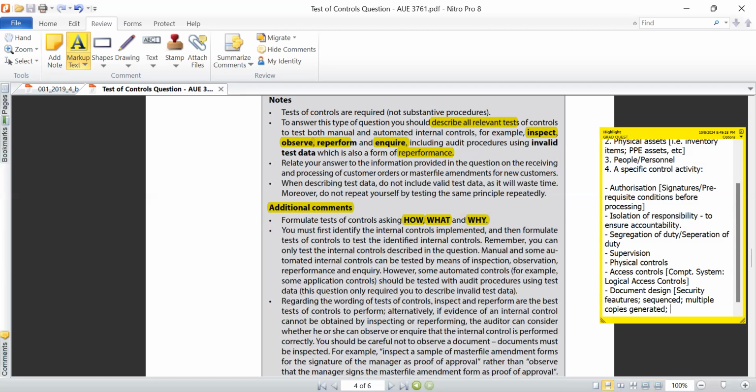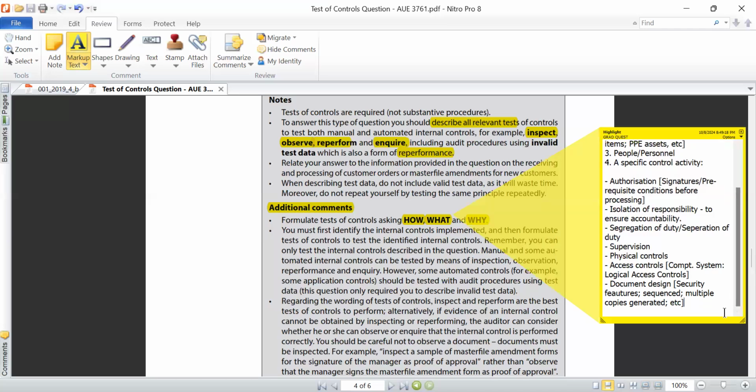There's one other control about document design that I'm just trying to remember. Multiple copies, sequence, and there's another one. It's skipping my mind, but it is the last one you're supposed to look for when inspecting a document. Anyway, I've mentioned the majority of the things you need to know.